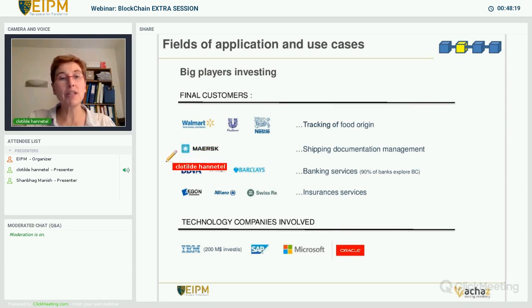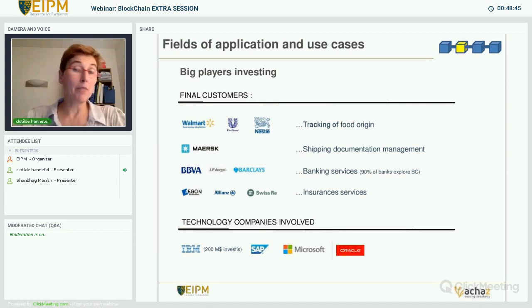So that's a big issue for them. And then obviously the banks and the insurance companies are investing really a lot in this new technology. And it's not only Walmart, the banks, and Maersk, and so on. It's also the technology companies that are investing a lot. Obviously, IBM and companies like Microsoft are very much involved in this transformation.